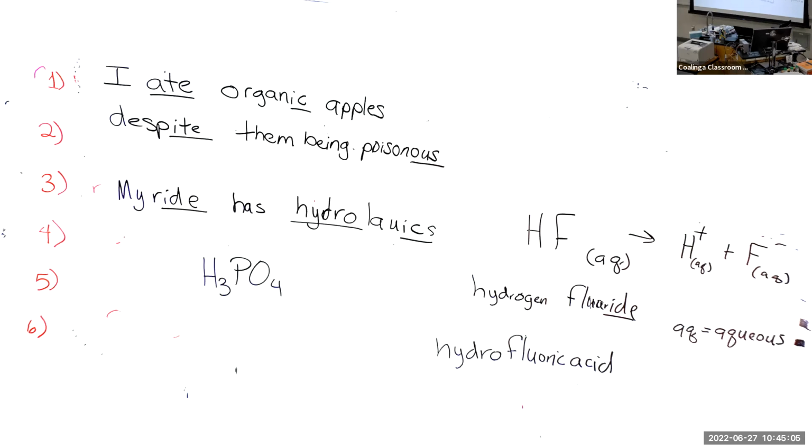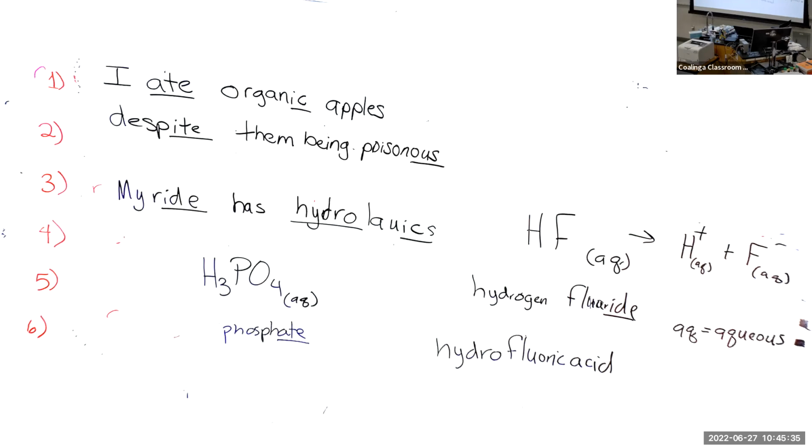Okay, so if I have H3PO4, it has that hydrogen there. That lets me know that it's going to be an acid, and it has aq. You see these two together, immediately it's going to be an acid. Or if I tell you it's an acid, you can write it down like this, but you need to know the name of it. Now this guy normally would be called phosphate, ate, right?